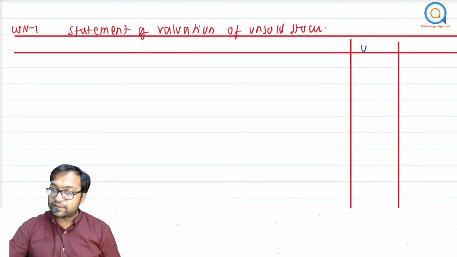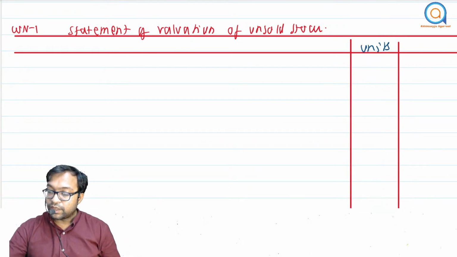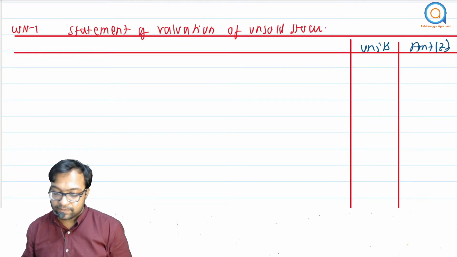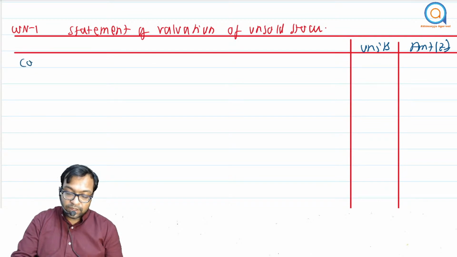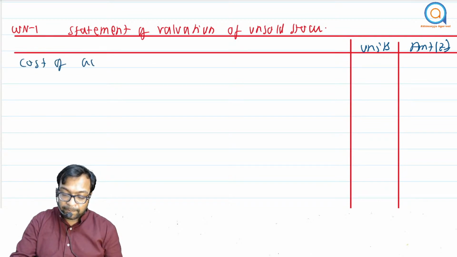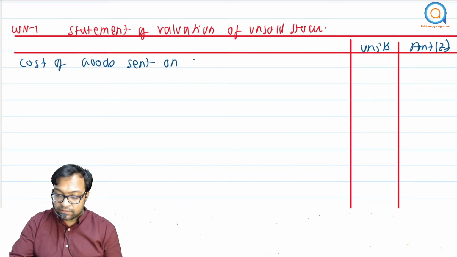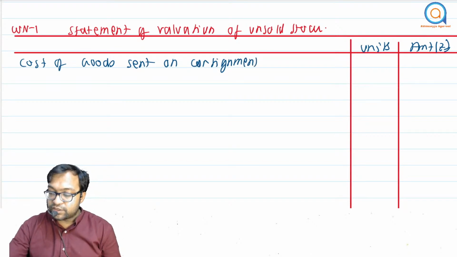One is units and one is amount, in India, rupees. First, cost of goods sent on consignment. We have sent 250 televisions of rupees 25 lakh.